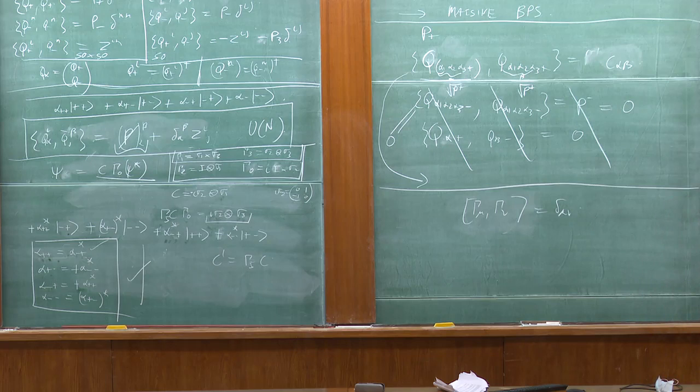What's the difference now? The difference is that the gamma transformed in the vector representation of SOD or SOD minus 2. In this case, the objects that are making up the Clifford algebra transform not in the vector representation, but in the spinor representation. So it's like we're making a Clifford algebra starting not with gammas in the vector representation, but gammas in the spinor representation. When we did this with gammas in the vector representation, the state content was either 1 or 2 spinors.